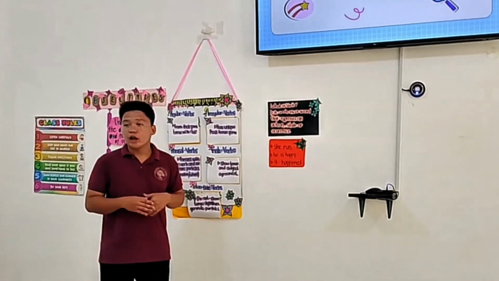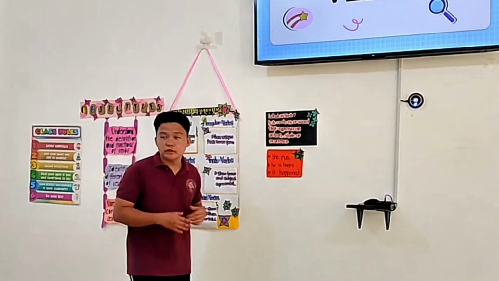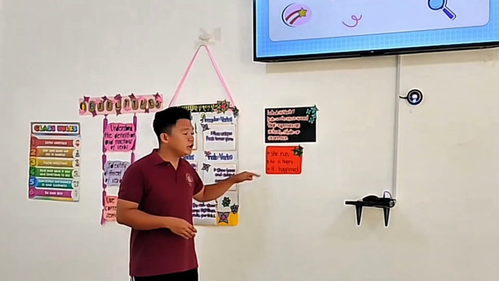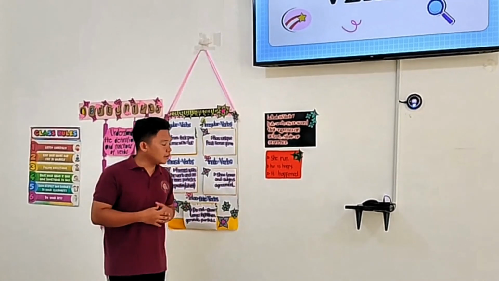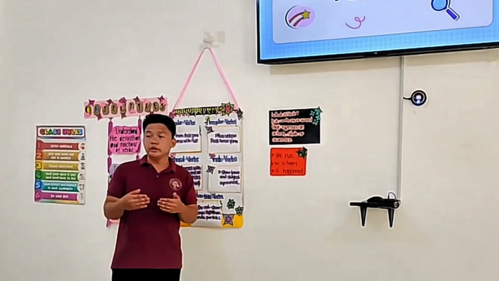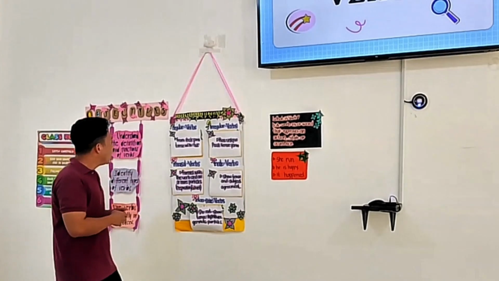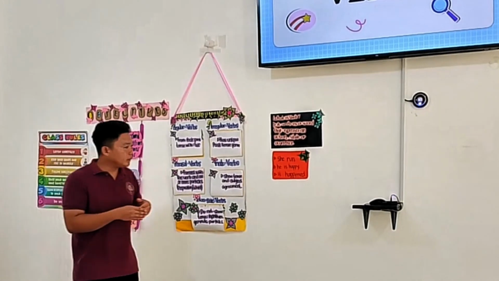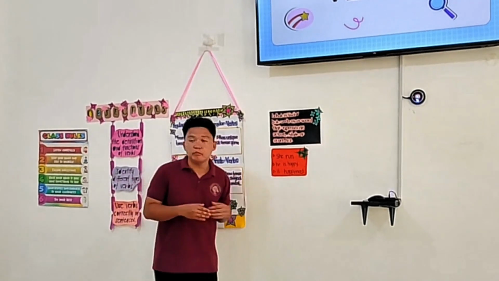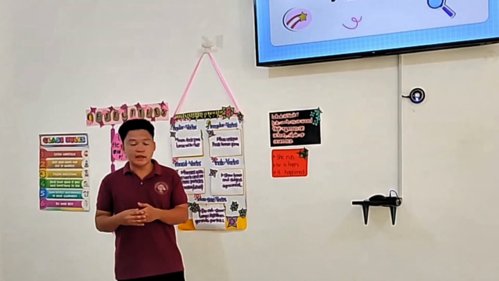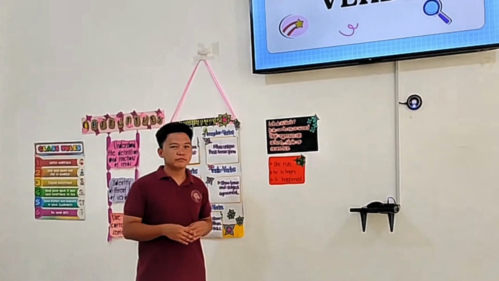So they use a helping verb, and the helping verb is is, and the subject is he. Thank you so much. Do you understand? Okay. So now let's proceed to the third sentence. The third sentence is "It happened." So it means they use a regular verb because they use an -ed. When we use an -ed, it means it is past tense. Okay, do you understand? Okay, thank you so much.